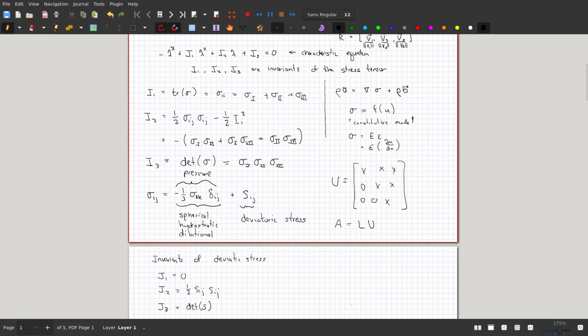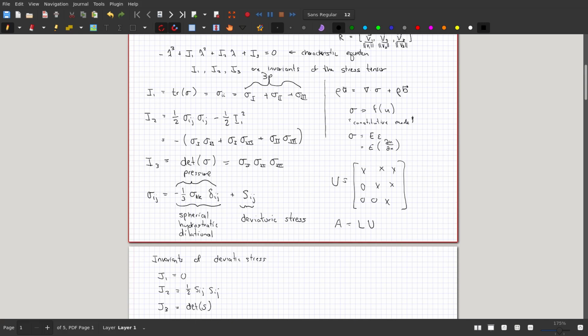Another thing we often call the first invariant of the stress tensor is 3 times P, pressure, where again I'm not talking about fluid pressure, I'm talking about hydrostatic pressure related to the stress tensor.